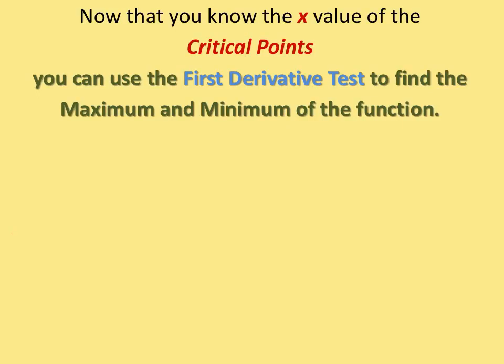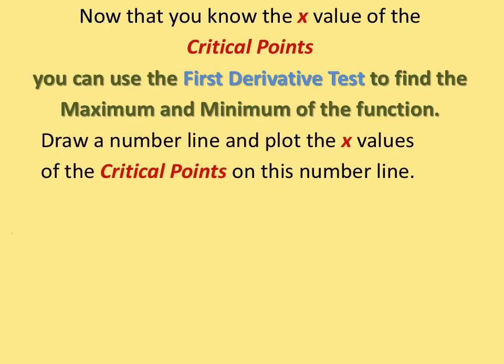All right. Step 2. Now that you know the x values of the critical points, you can use the first derivative test to find if they are a max or a min. How do I do that? Draw a number line and plot the x values of the critical points on this number line.